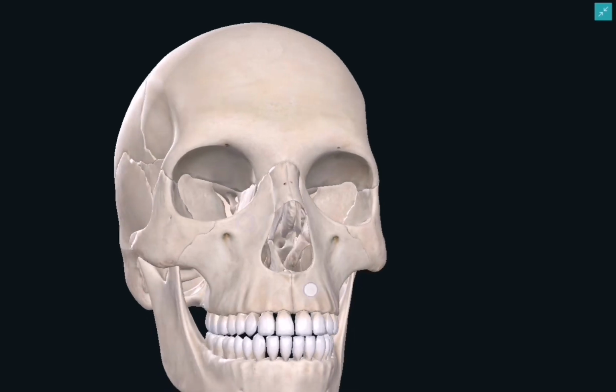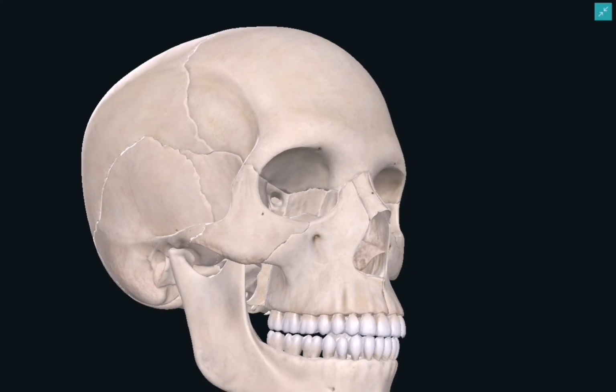When we look like that and get closer to the other sutures, this suture is called frontomaxillary. This suture between the zygomatic and the maxillary is called zygomaticomaxillary, and this one, frontozygomatic.